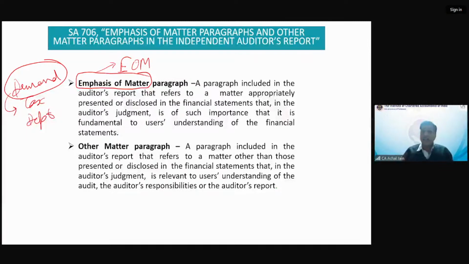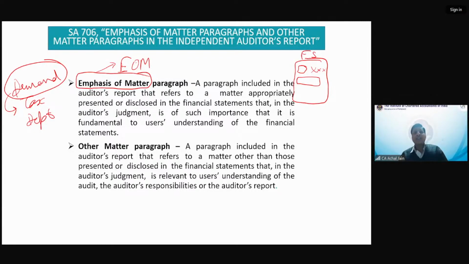Now, please understand, let's suppose this is the financial statement. In this financial statement, if the auditor wants to highlight something, let's suppose some note is given, some figures are covered, or any such thing which is there in the financial statement, which the auditor wants to highlight.